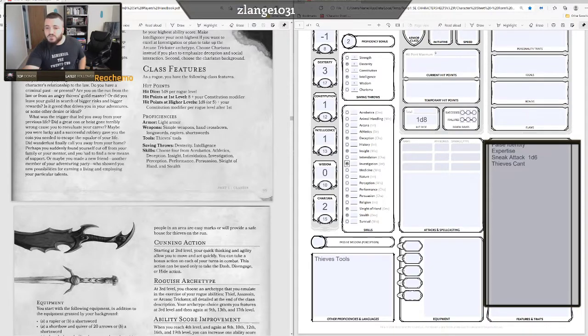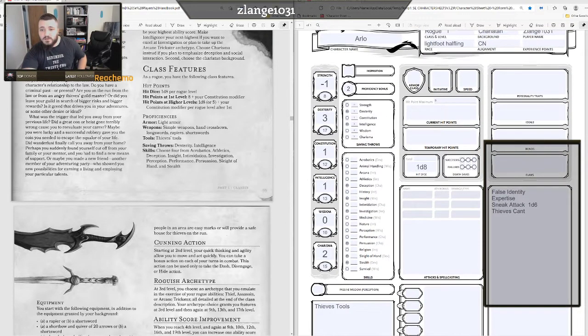So those are the skills we are proficient with. Now that we have that, we can start allocating our ability points. So acrobatics. Acrobatics could have been handy too, but since we're at high dexterity, it's okay. We're not exactly going for that kind of rogue.